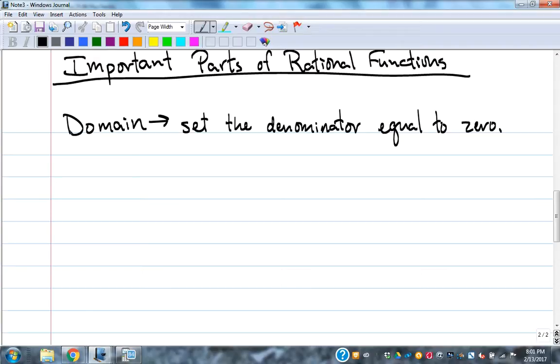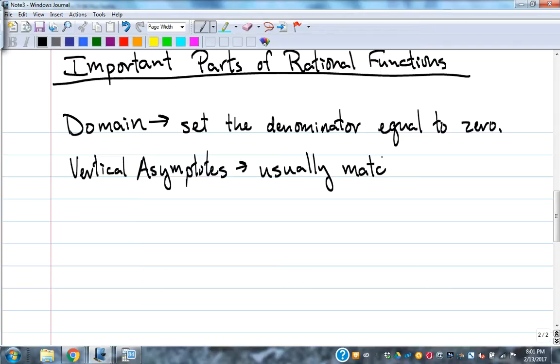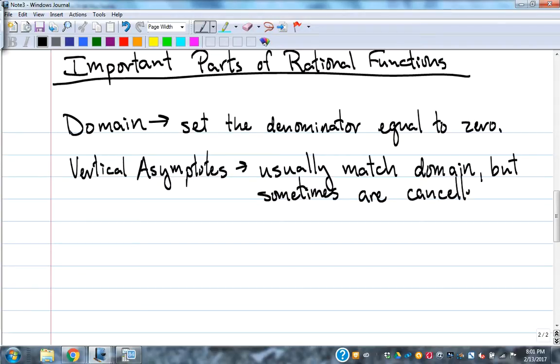All right. After you found the domain, you want to look for vertical asymptotes. And again, those are the imaginary lines that show up with restrictions from the domain. They usually match the domain, but sometimes are canceled out.